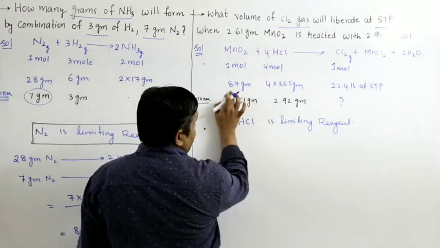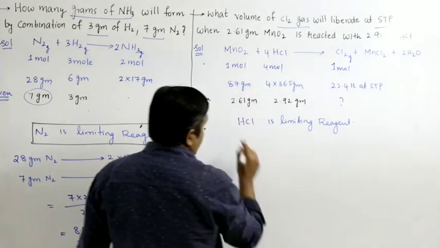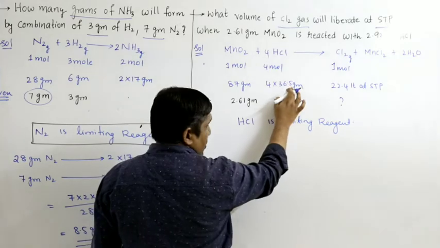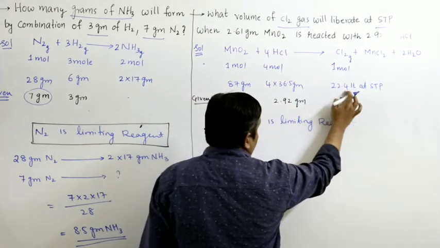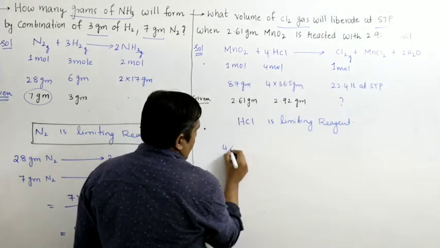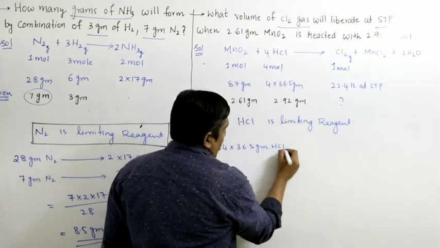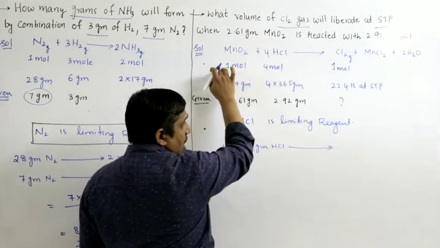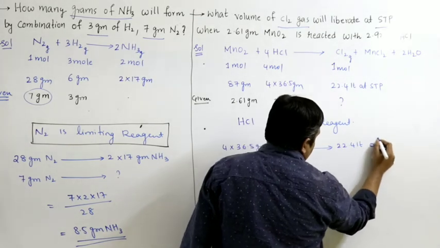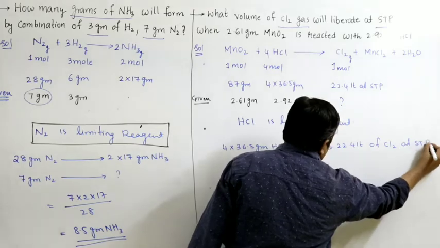See here, 87 grams can produce 22.4 liters of chlorine at STP. Sorry, right, with HCl, right? 4 into 36.5 grams of HCl on reaction with MnO2 can produce 22.4 liters of Cl2 at STP.